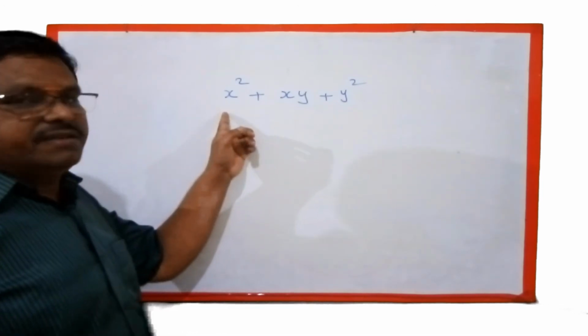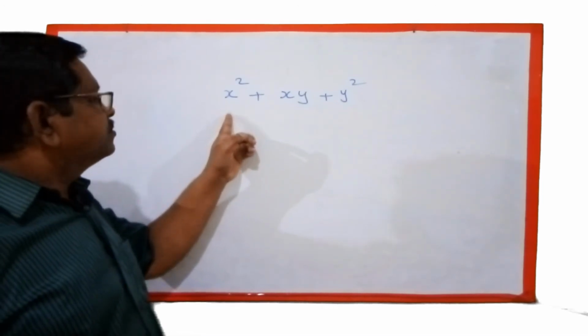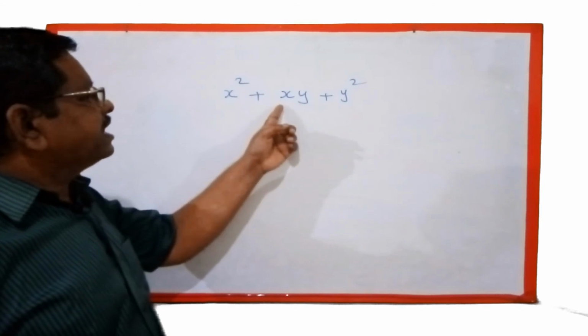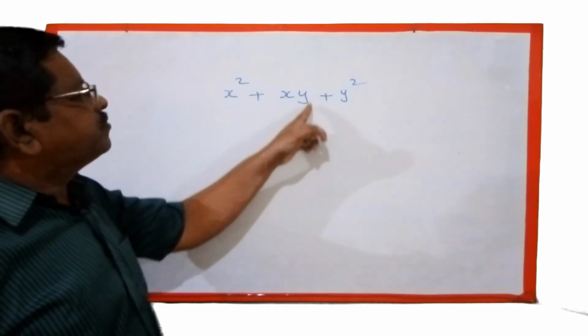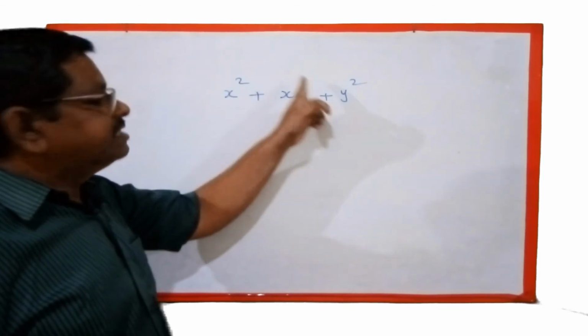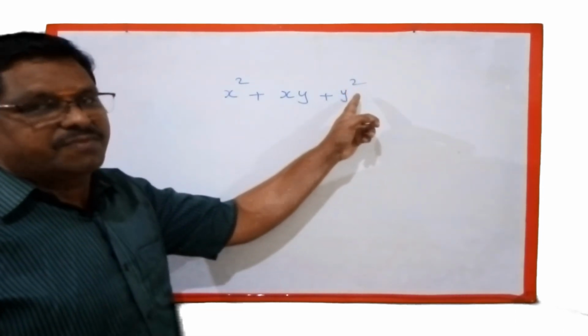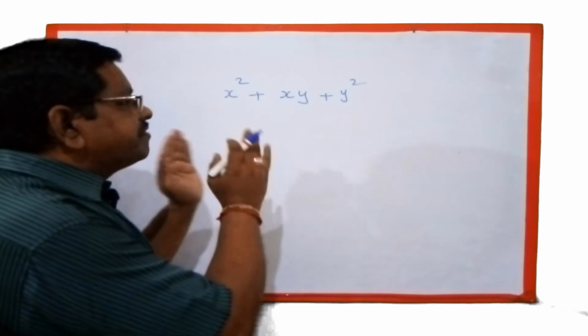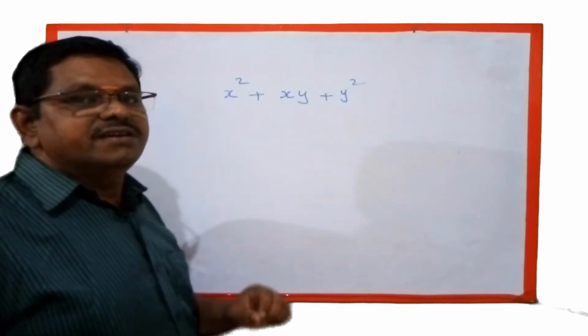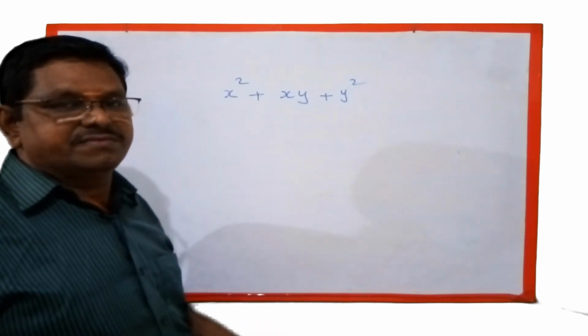Here x square is the first term, so the highest power is 2. Here xy means the power of x is 1, power of y is 1, so the total power in xy is 2. y square, here also the highest power is 2. So each and every term of the given function has the same power.